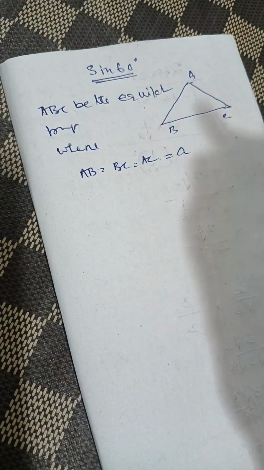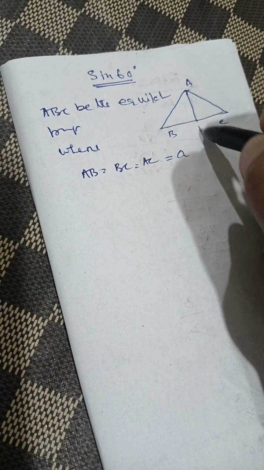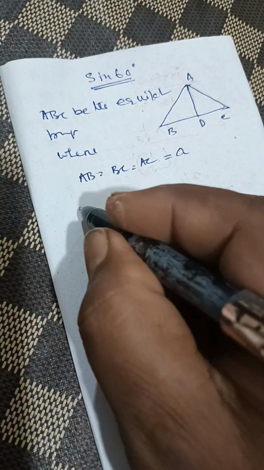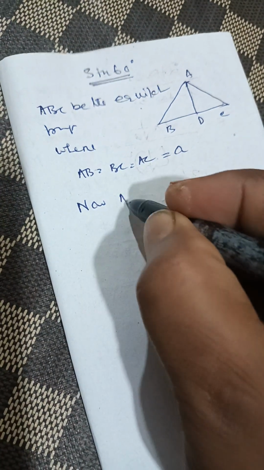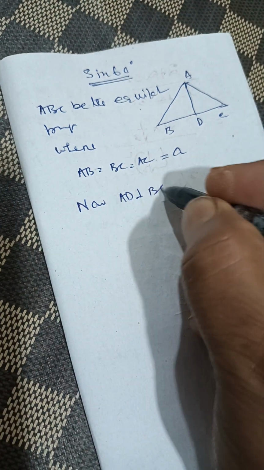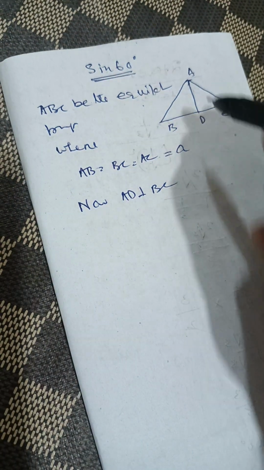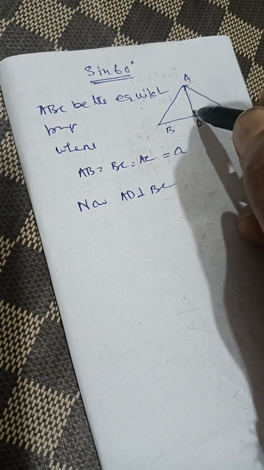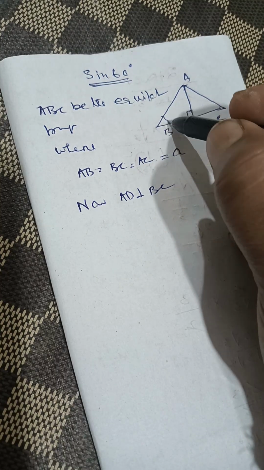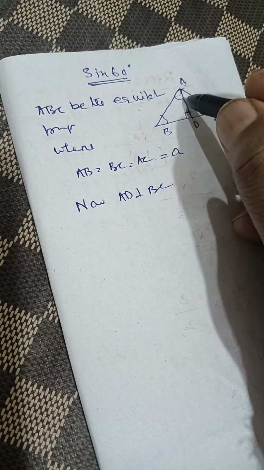Suppose it is also A. Now you write AD is drawn perpendicular on BC. This is 90 degrees, this is 60 degrees, and this is 30 degrees.